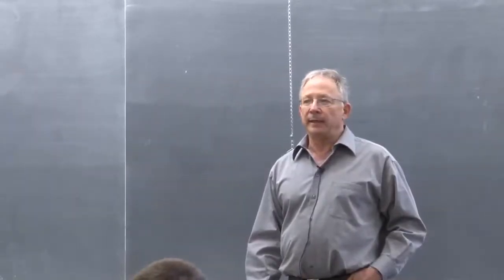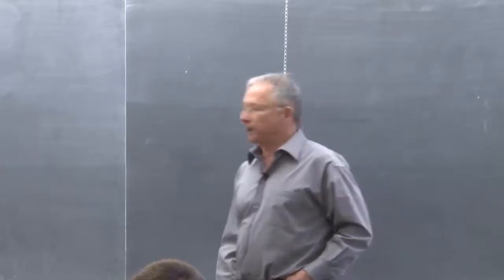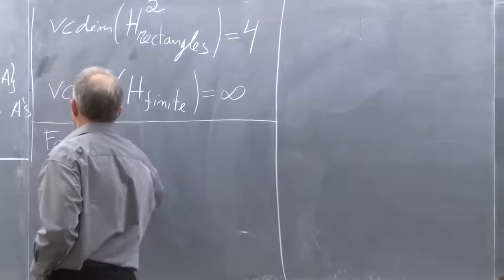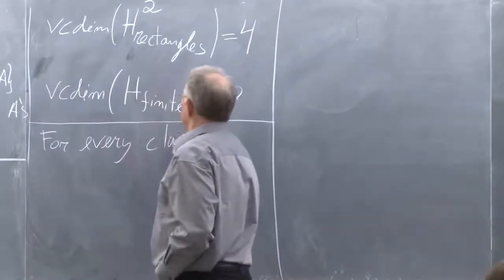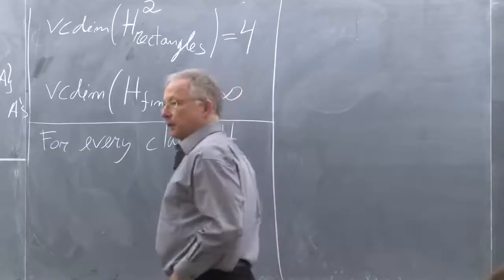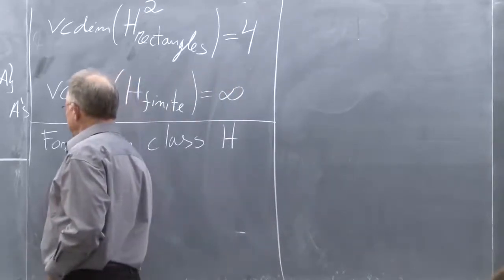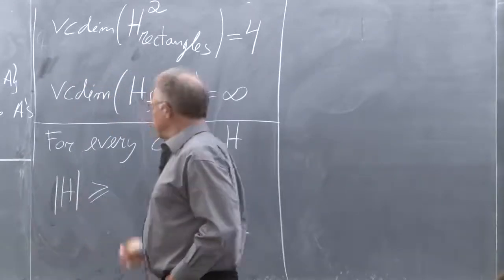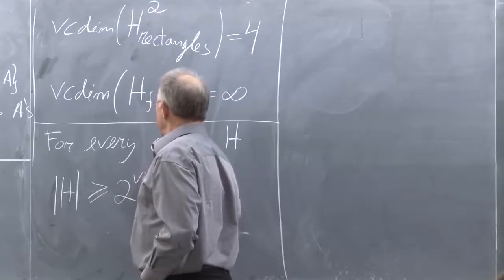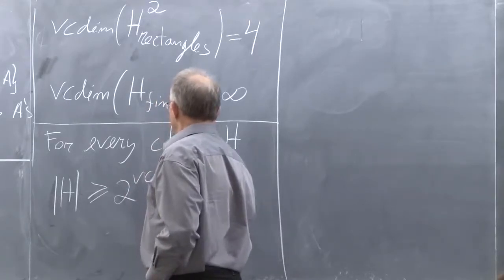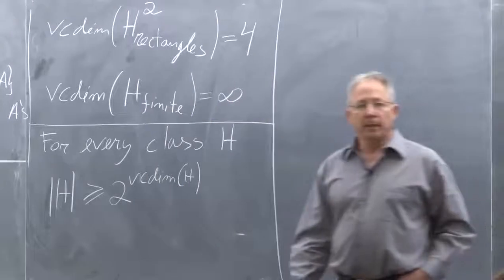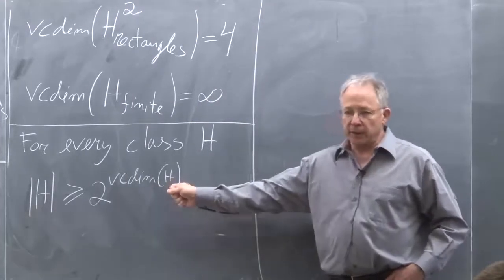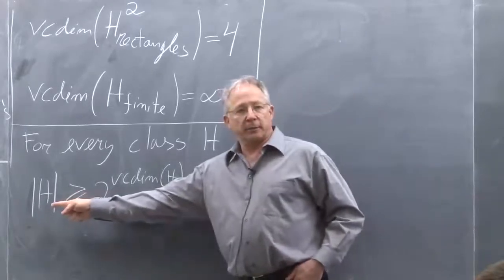I showed you one inequality regarding the VC dimension, and that was that for every class H, the size of H is always at least 2 to the VC dimension of H. So if I want to have a big VC dimension, I need a large H. That's what it says.